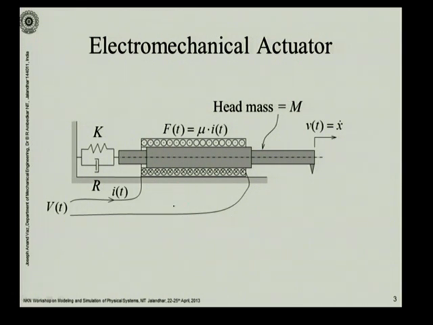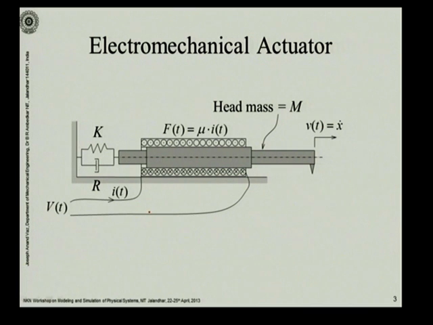So because it's a winding, there is certainly some winding resistance, and also certain winding inductance associated, and the core is actually connected, one end of it is connected to the spring and the damper, and the other end of the spring damper is connected to the fixed housing, so it is at rest.